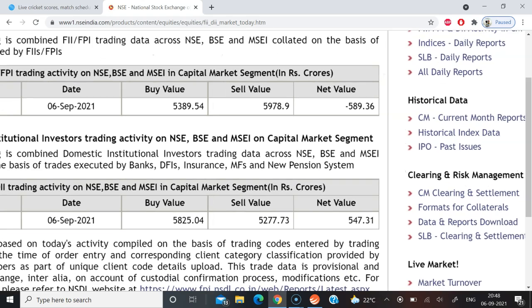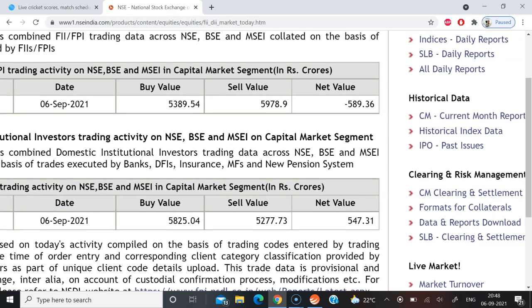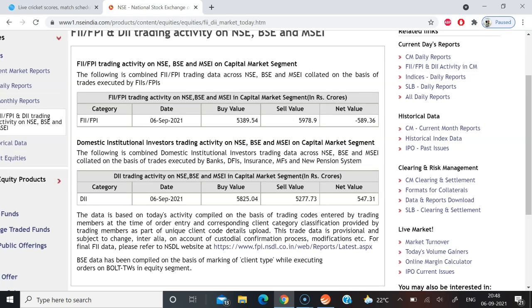But today they sold around 589 crores, and DIIs have been buying since the last 1 week, including the FIIs. Normally DIIs don't buy when FIIs buy a huge size, but since last week they also keep on buying, and retail investors too, everyone is buying.